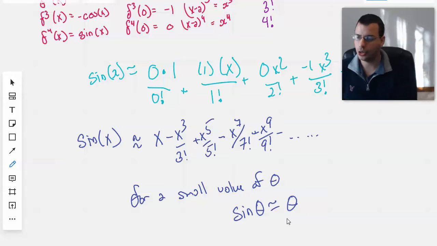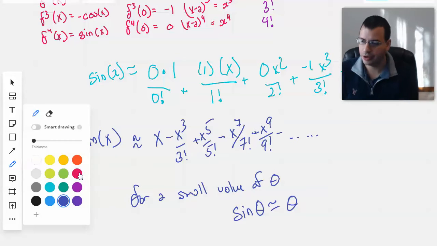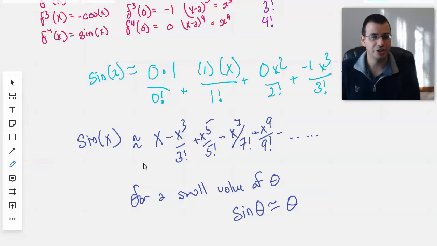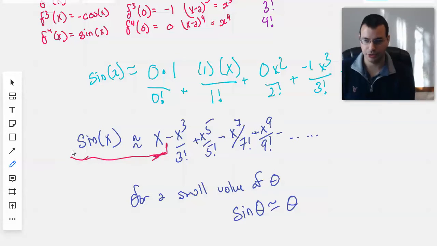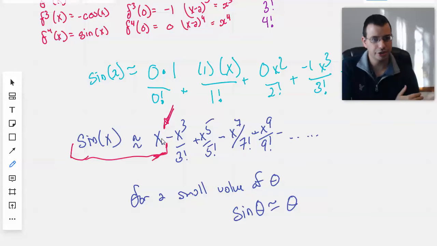And one of the justifications of why that is, is you're really just using the Taylor series approximation, and you're using the first term. We call it first order because x is the first-order Taylor series approximation.